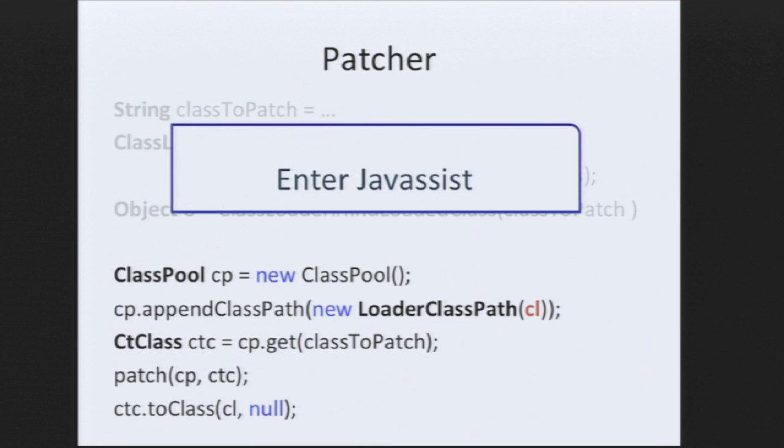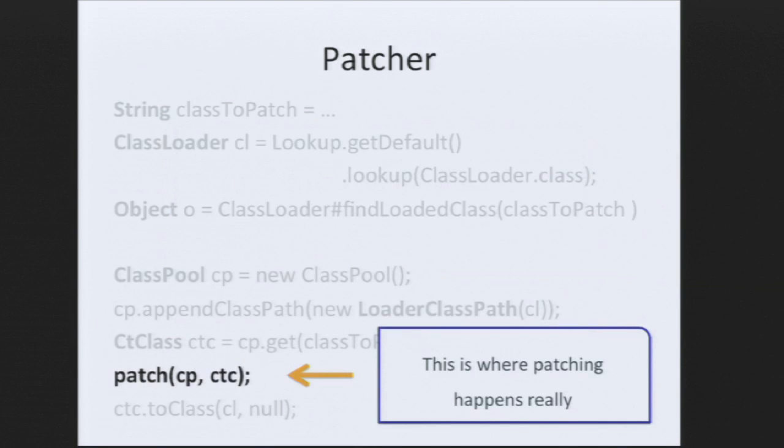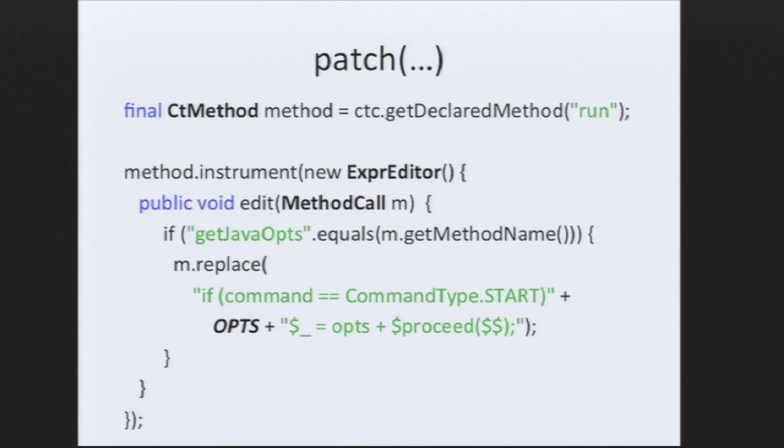In our case, we use Javassist to patch those classes on the fly. And let's proceed with the real code that really patches this class. So this is a small example, basically a snippet of what is happening there.